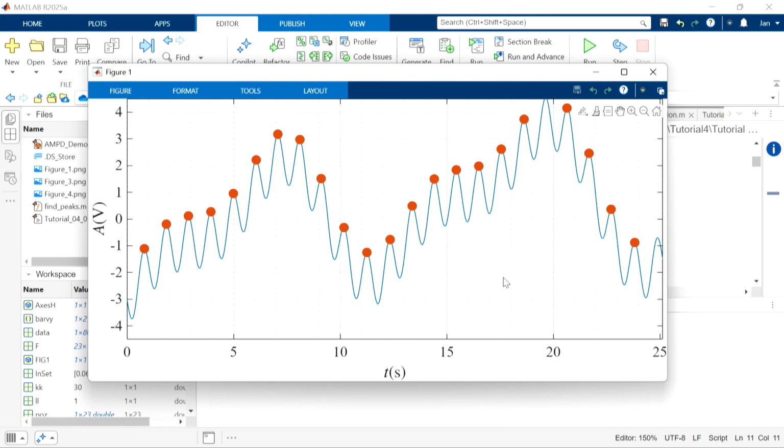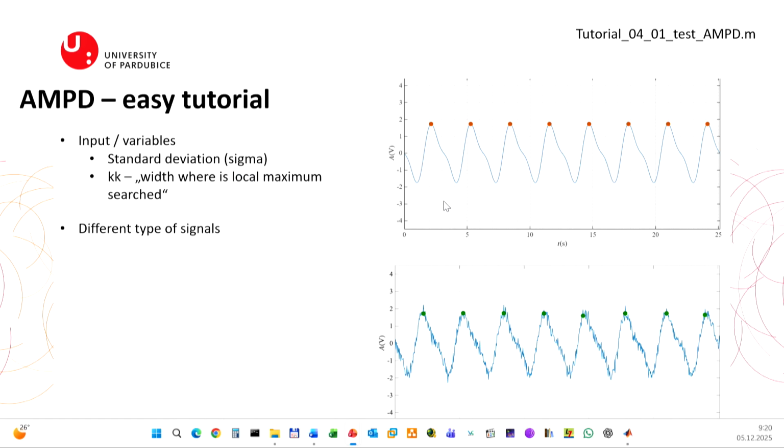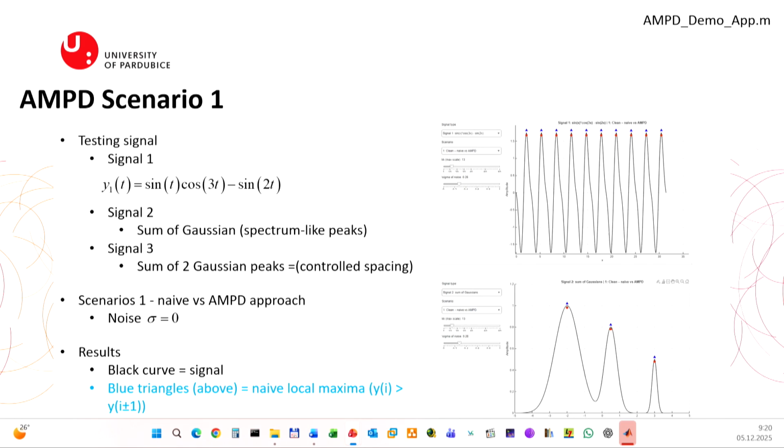I didn't show you the other cases without noise because it has no meaning: there is just a clearly nice curve, so there is no issue with identification of local maxima. So I think this functionality is clear.